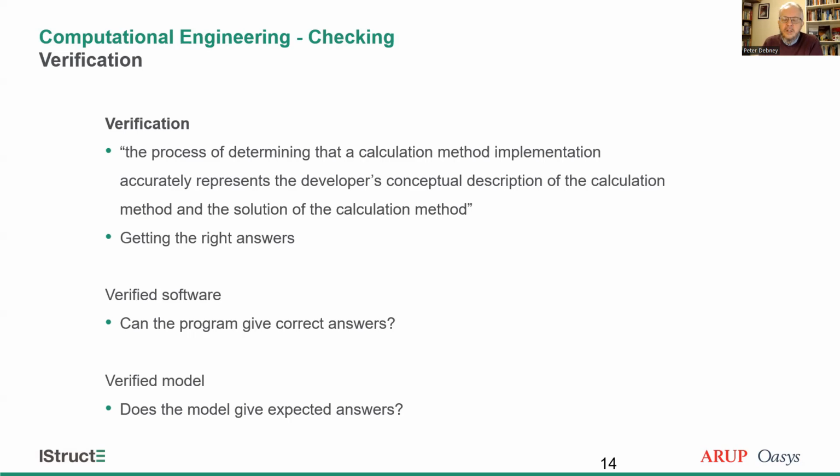So under gravity, we expect things to deflect downwards, for example. And the way I like to remember what verification means is, verify: it's got the word error in there, sort of. So it's looking for errors, making sure we get the right answers.